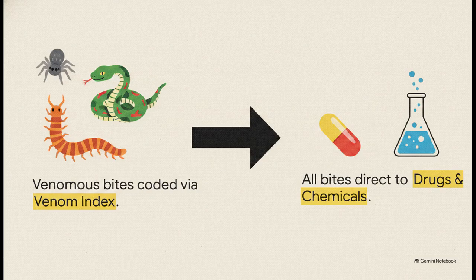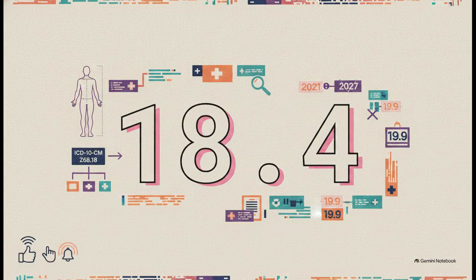Now, literally all venomous animal and marine bites are going to direct you straight to the table of drugs and chemicals under poisoning. So whether we're talking about a centipede, a lizard, or a sea snake, the index is forcing a total shift in your lookup strategy. It absolutely standardizes the workflow, which is great. But it means you're really going to have to break that old muscle memory of always searching for the word venom.